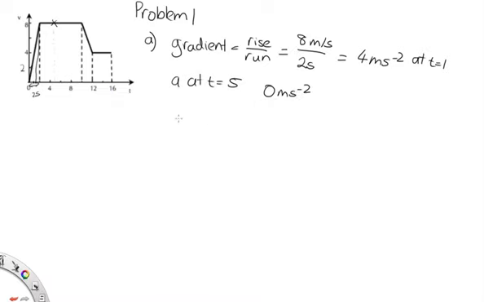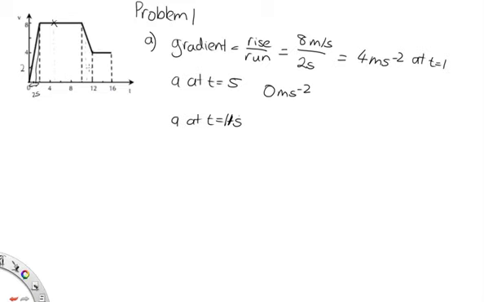And then we want to find the acceleration at 11 seconds. So 11 seconds is here. Now you notice this is a negative gradient. Over this time period, from 10 seconds to 12 seconds, the runner is actually slowing from 8 meters per second down to 4 meters per second.